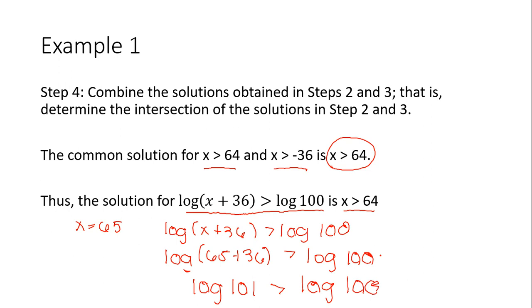So mapapansin naman natin mga anak na mas mataas naman talaga yung x natin, which is the logarithm of 101 kaysa dun kay y. Ibig sabihin po nun, na-satisfy po natin yung pinaka-property po, which is the property number 2. Okay? And masasabi lang din po natin na tama po yung value po ni x na nakuha po natin, which is greater than 64. Okay?